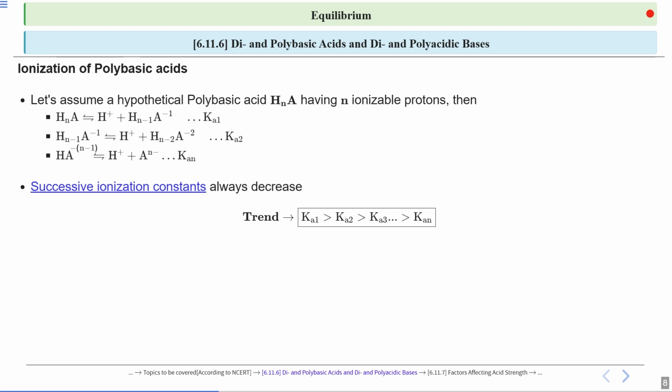Meaning K1 will be greater, then we will have a smaller K2, then a smaller K3, and lastly, we will have a smaller Kn. So, this is the general trend which is seen for acids as well as bases.